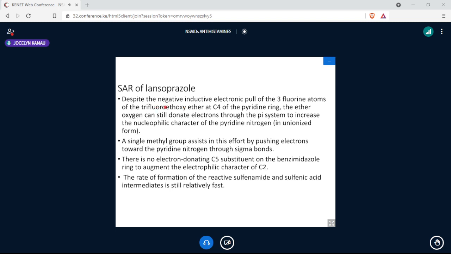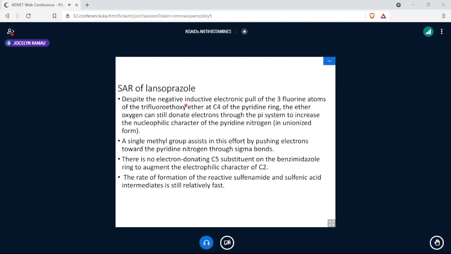There is quite some distance, and therefore, although the trifluoro group is electron withdrawing, the ethoxy group allows for electron donation, and therefore that group still donates electrons into the system rather than withdrawing, although it has a trifluoro group. Of course, the trifluoro group will improve lipid solubility because halogens do improve lipid solubility.